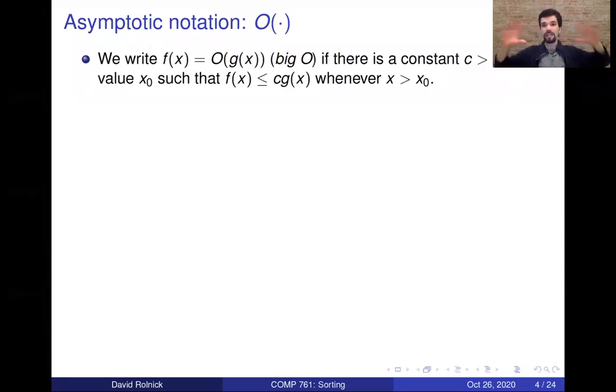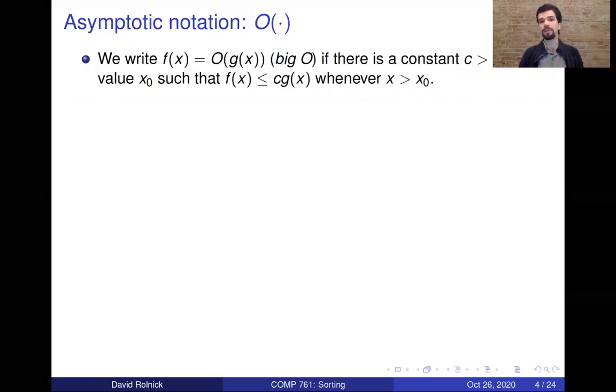Decoding that a little bit, there is some multiple of g of x so that f of x is at most that multiple of g of x for x big enough. So g of x dominates f of x when x gets big.